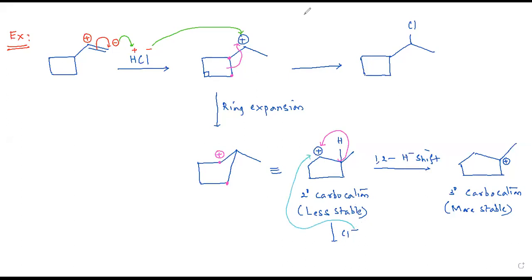As it is, the 2-degree carbocation, though less stable, is taken into consideration, we get this methyl group, which is already there. Here it is the Cl. Now this Cl minus attacks.